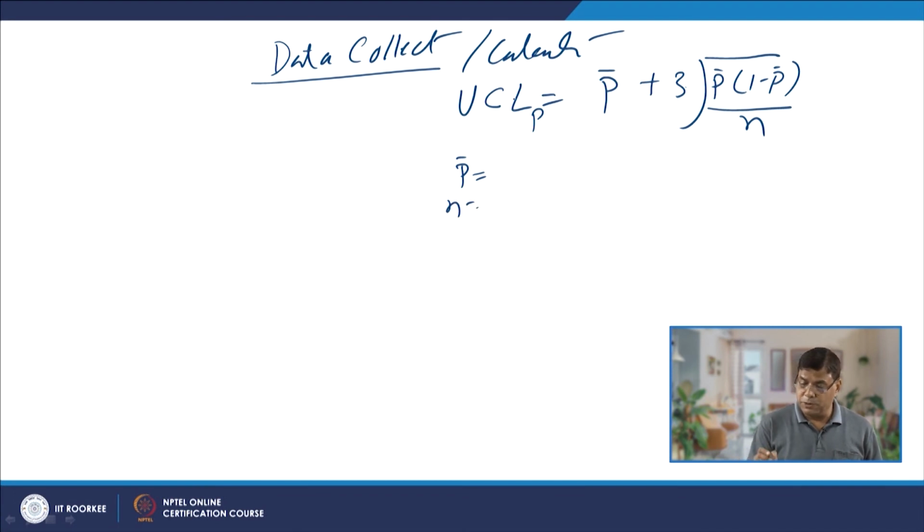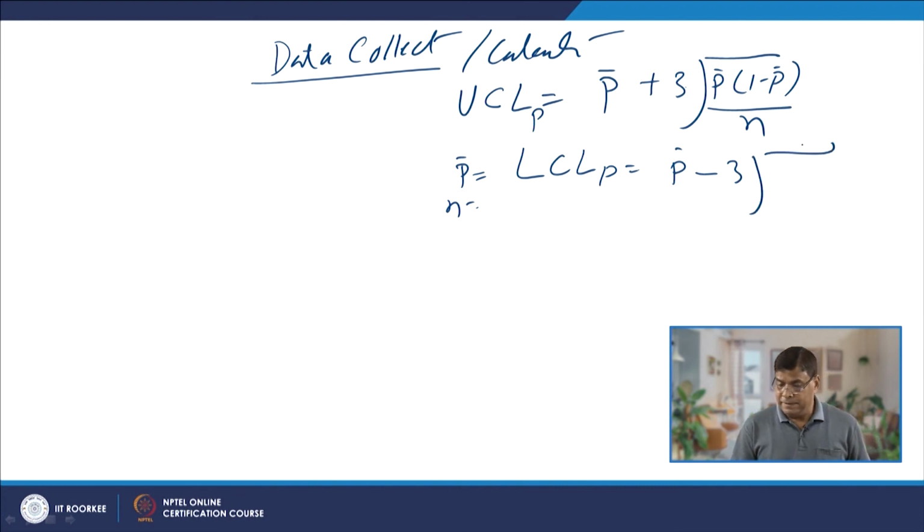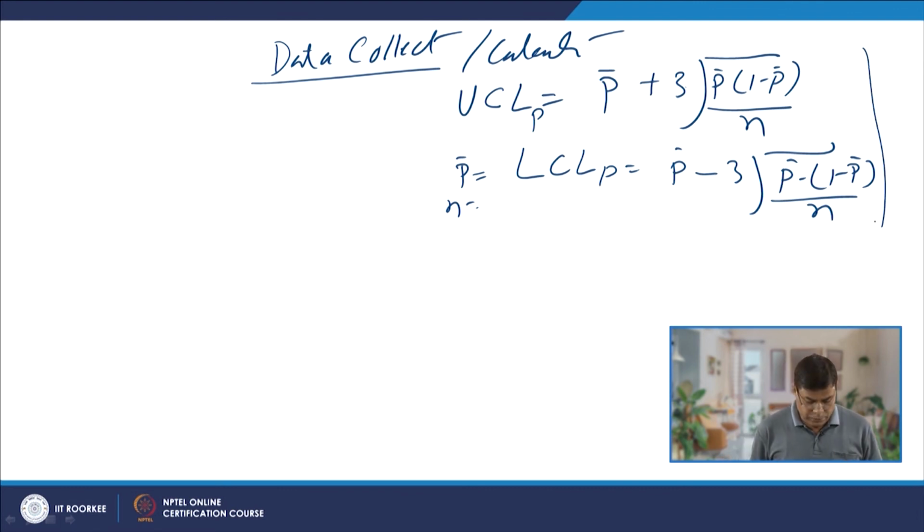Likewise, we can calculate the lower control limit as P bar minus 3 sigma, where sigma is the standard deviation for the P bar value, that is P bar into 1 minus P bar divided by n under the root. This is how we calculate the upper and lower control limit values.